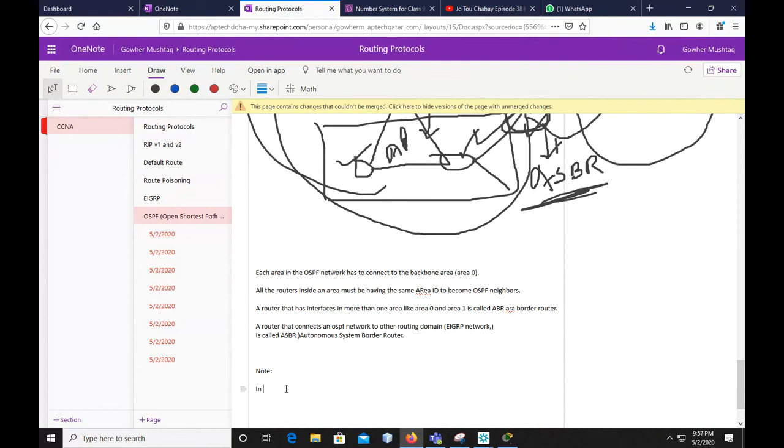Yes. But in OSPF, it's not like that. In OSPF, manual route summarization is possible only on ABRs and ASBRs.